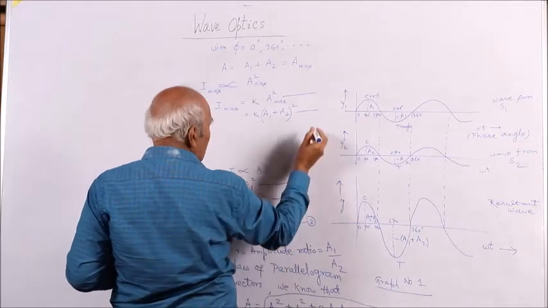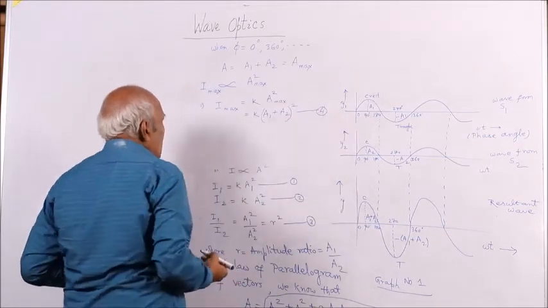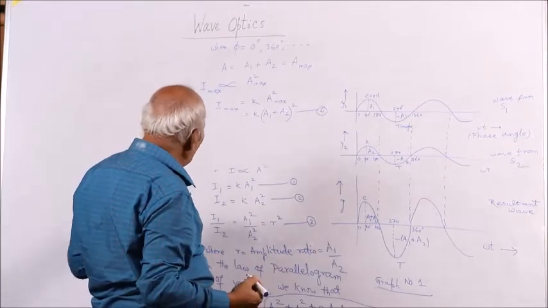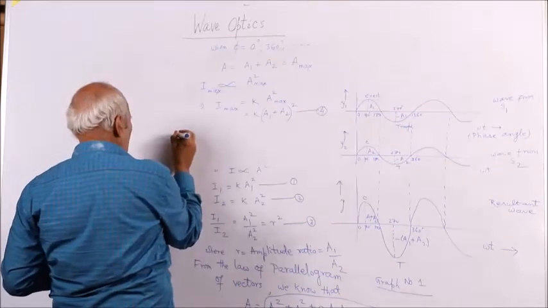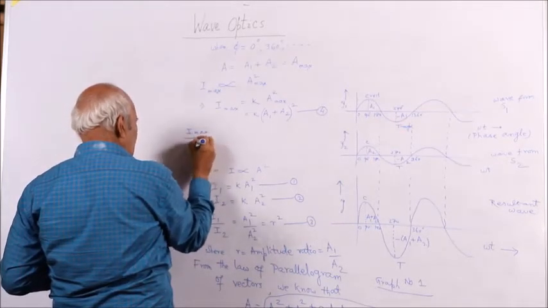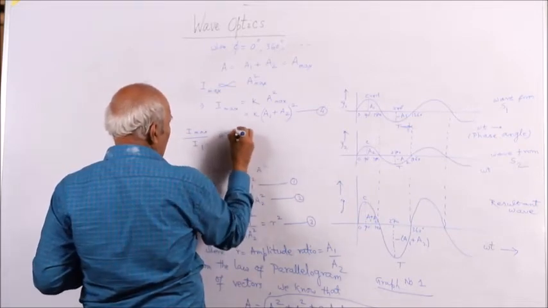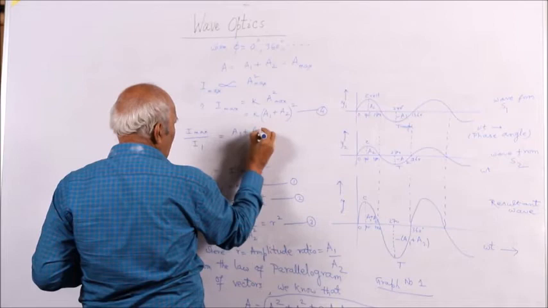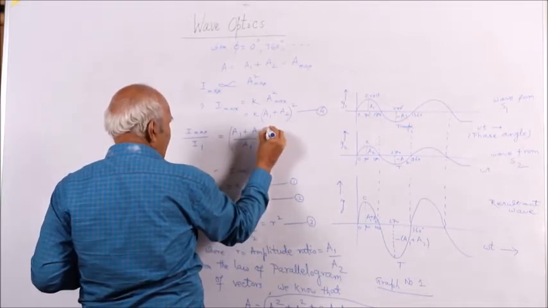This is equation number 4. So, from this equation 4 and equation 1, if you divide I max by I1, what do you get? K cancels. So, it is A1 plus A2 by A1 whole square.